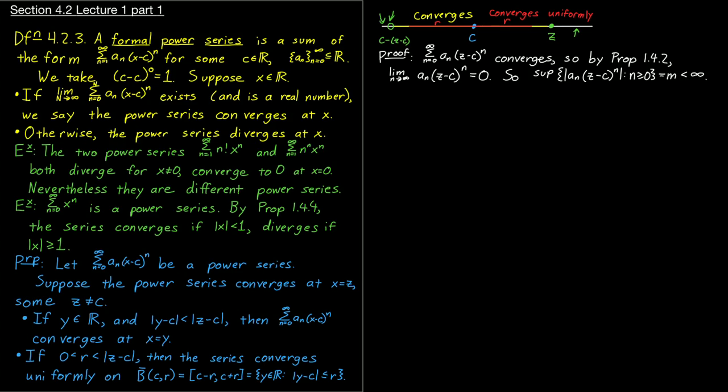So all we've used so far is the fact that if you're a convergent series, then your individual terms have to converge to 0, and so in particular, they have to be bounded.